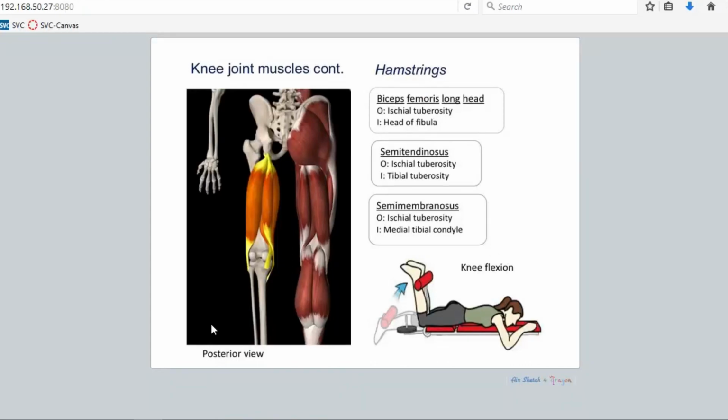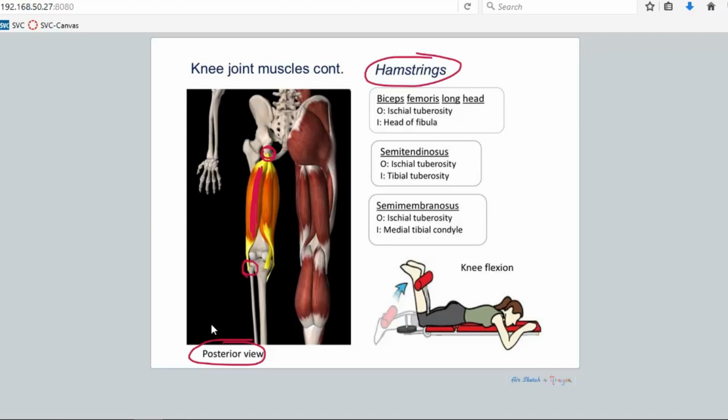Okay, now we're here on the back side of the leg. So this is a posterior view, and now we have the hamstrings. And there's 3 of them. This is the biceps femoris long head. The origin is here on the ischial tuberosity, and the insertion point is down here on the fibula.